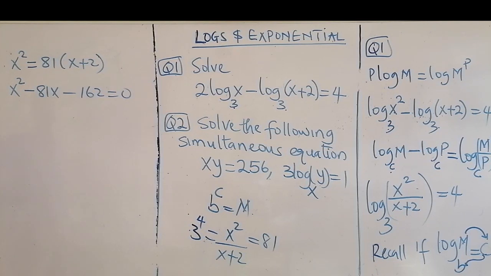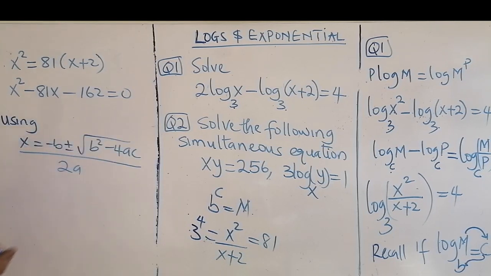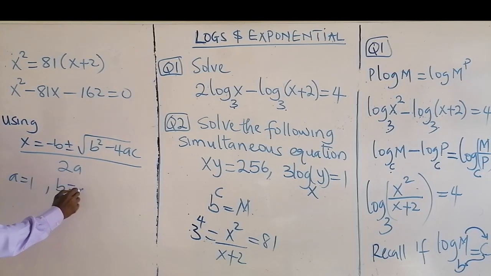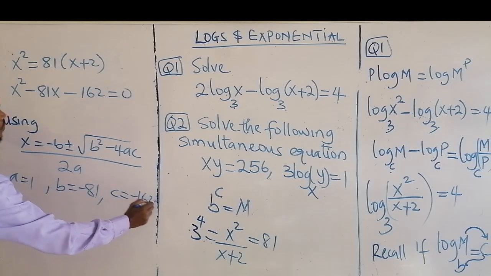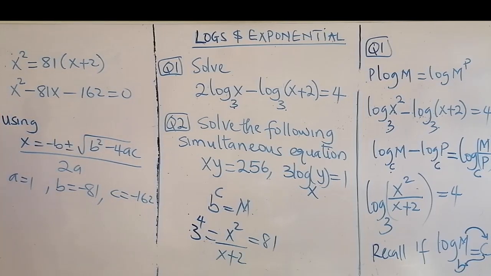And for you to get the full mark, let's use our quadratic formula. In this case, a is 1, b is minus 81, and c is minus 162.